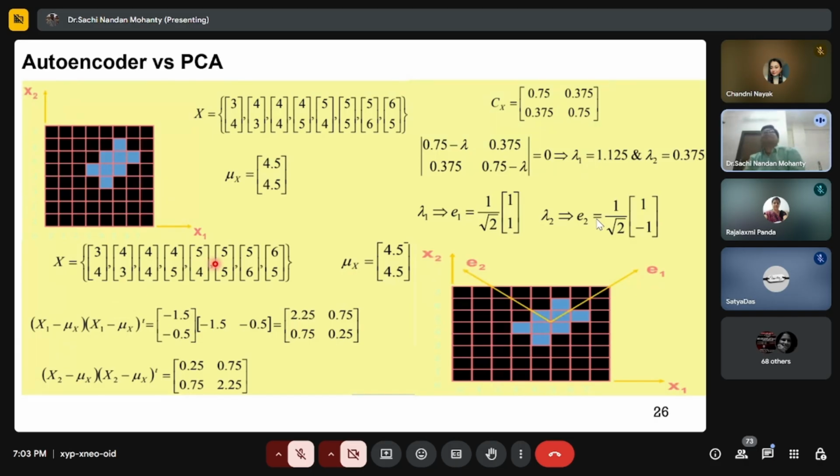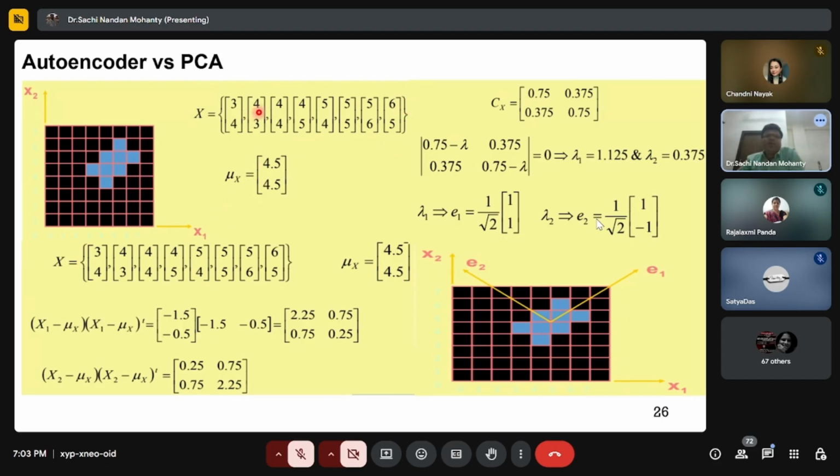You know a row becomes a column and a column becomes a row in a transpose. I identify minus 1.5, minus 0.5, multiplied by minus 1.5, minus 0.5. So we get this, which is nothing but (x minus mu x) multiplied by (x minus mu x) transpose. This is called x1. Similarly x2, x3, x4, x5, x6, x7, x8, you can easily do it, right?